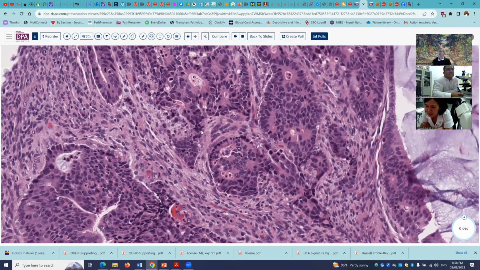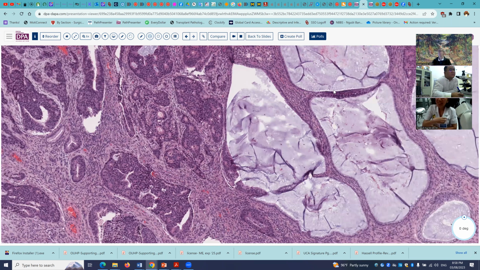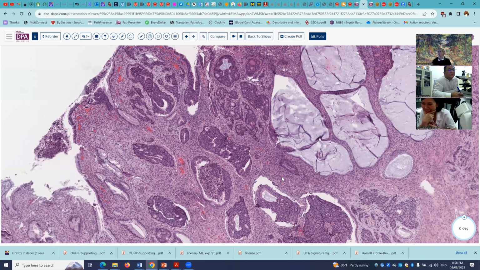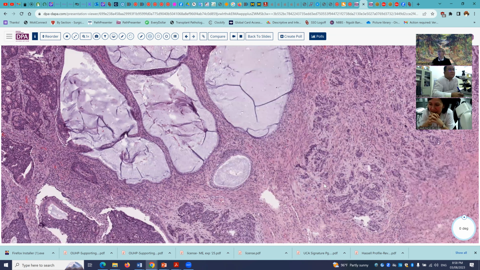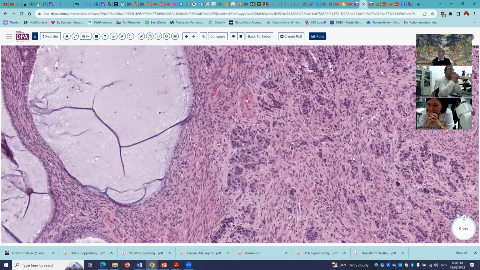structures as well. And it maybe has a glandular differentiation pattern in some areas, but in other areas of the tumor, it looks much more neuroendocrine-like, as you can see here, more trabecular endocrine type of growth pattern, small nests and so forth without a typical glandular pattern.